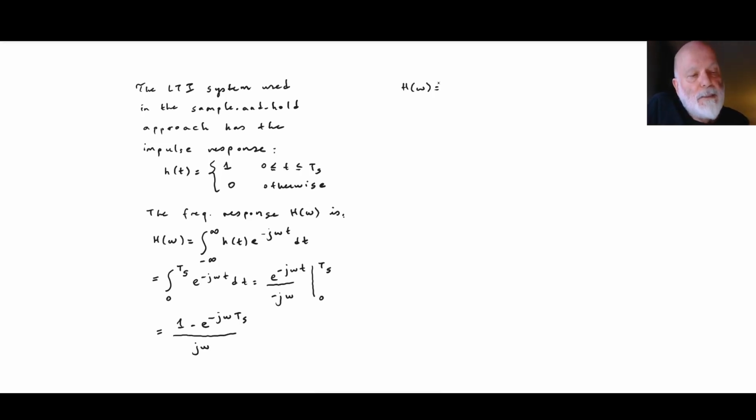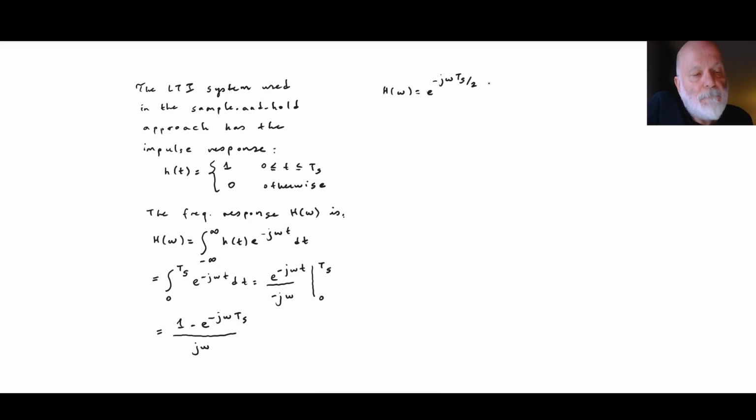Now, H of omega can be written as, let me write it over here. H of omega is, we can take e to the minus j omega Ts over 2 as the common term outside.